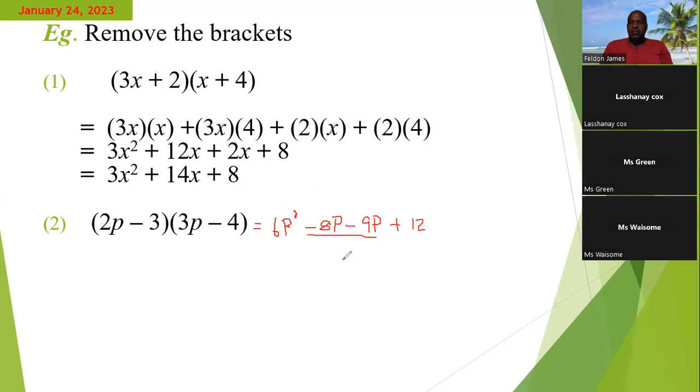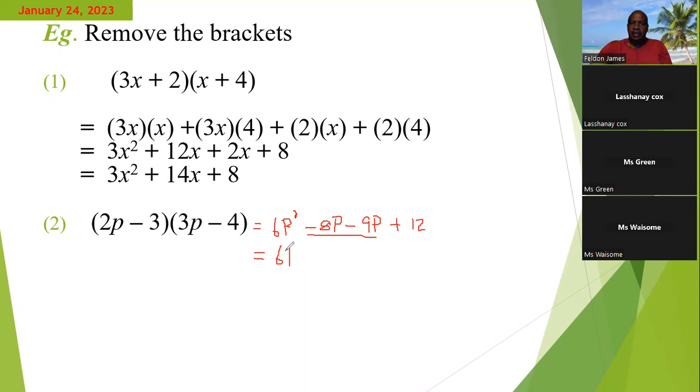I'm not sure how you take away negative 8p from 6p because we really don't have any 6p there. Sorry, sir, 9p. So you would then take away negative 8 from negative 9.